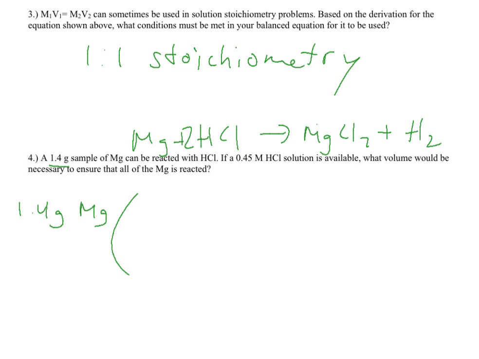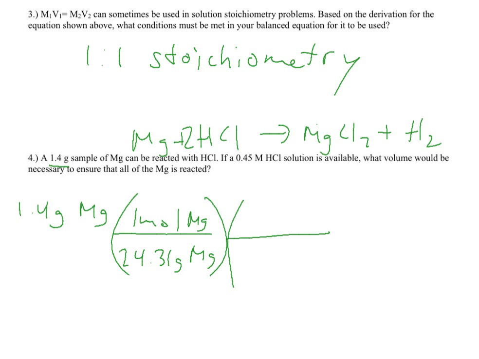1.4 grams of magnesium. You need to know that 24.31 grams of magnesium is in a mole. For each mole of magnesium, you're going to need twice as many moles of HCl.